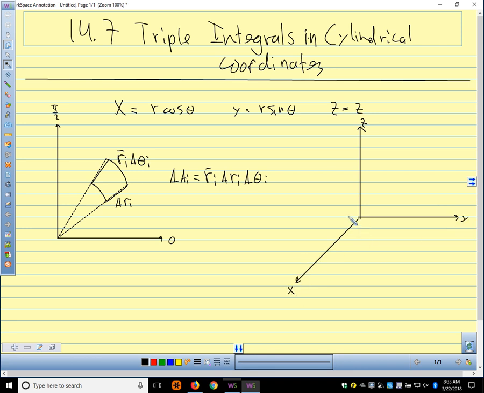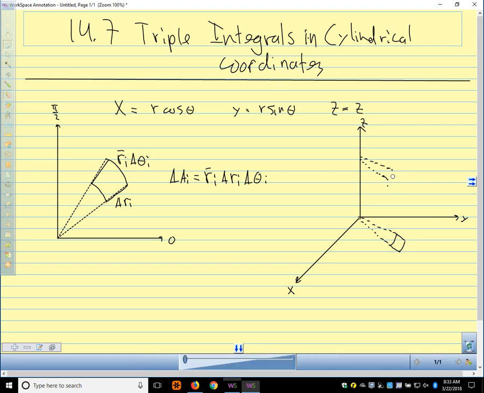So in the xy plane, we still have this. That's going to be our projection in the xy plane. And we're going to think of the same angle up here in space, but now we're going to have a little chunk of a cylinder. Let me draw this first.